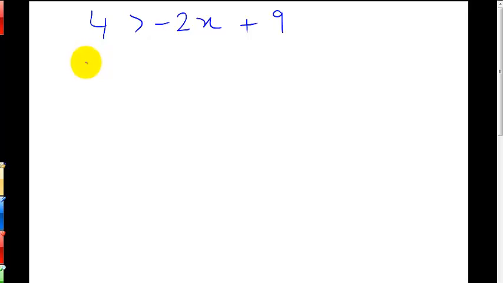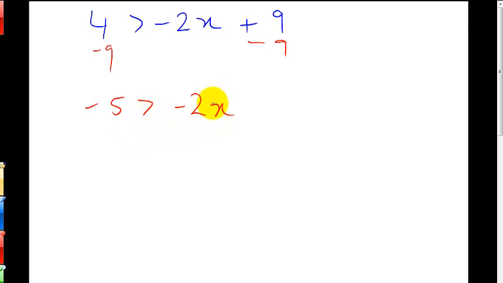You get rid of the 9, take away. So that becomes -5 is greater than -2x. Do I flip the sign by the way? No, I took away 9. It doesn't matter. When I times or divide by a negative, I flip. Times and divide, not take away.